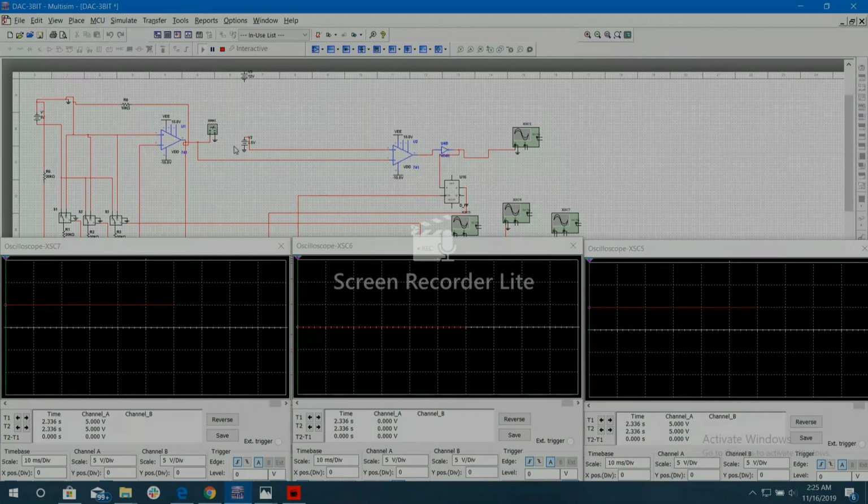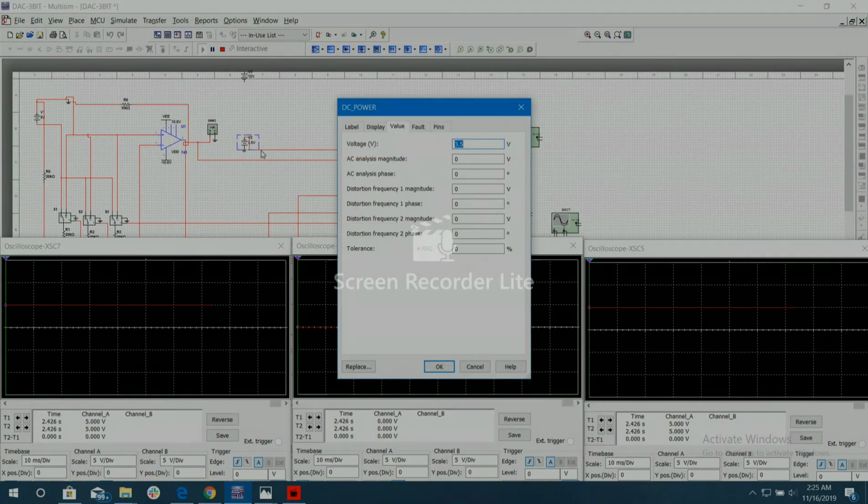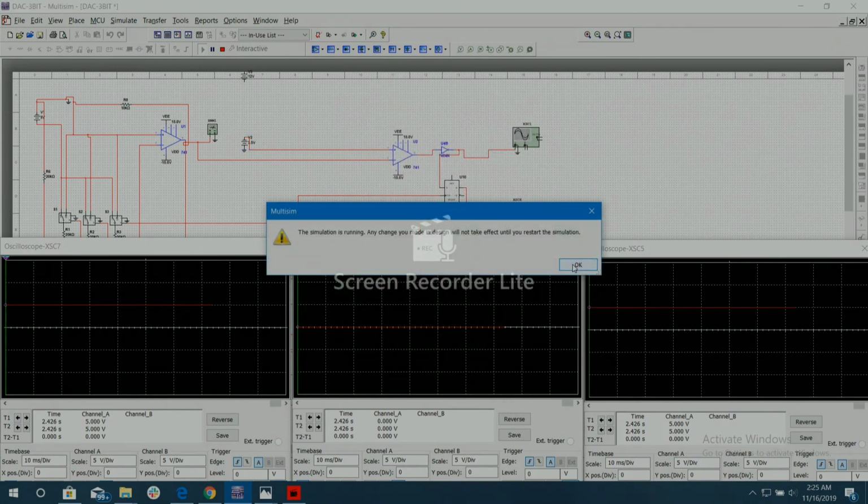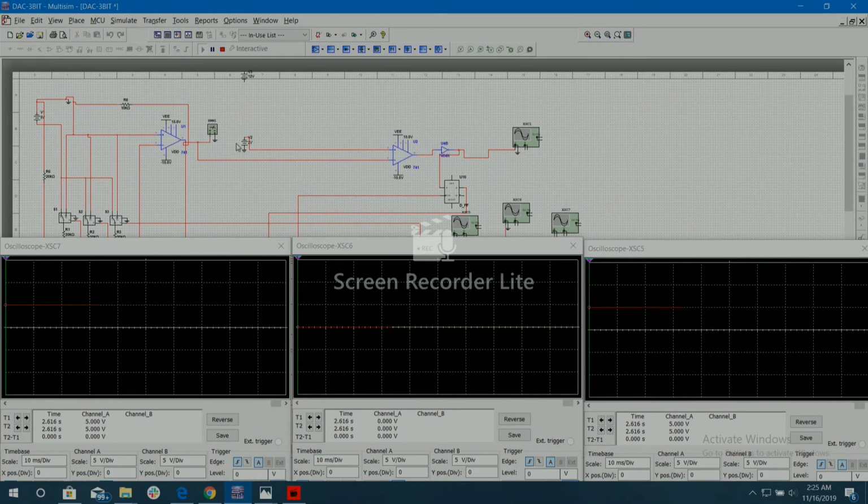So it's working for 3.5, and let's see for 2 volts. If we are giving 2, we should get 011. Let's see if we are getting that or not. I can rerun this. So that's it, here we are getting 011. So we got the result for 2 volts as well.